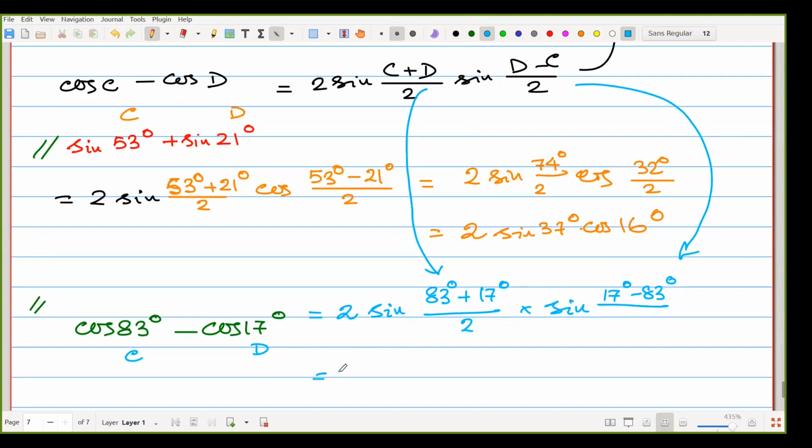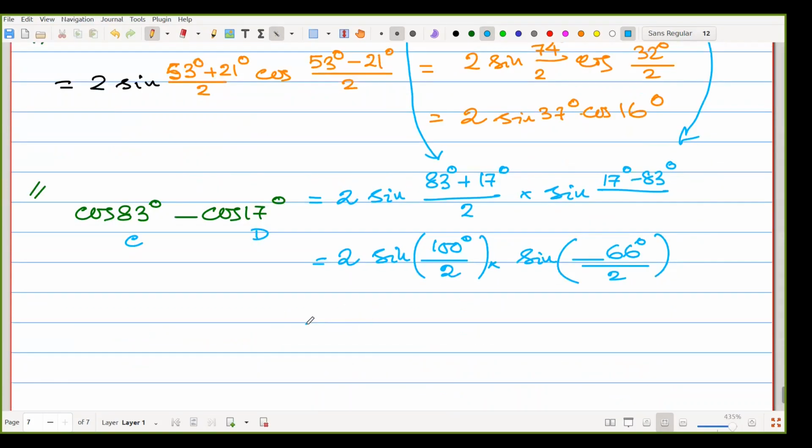Okay, so that is becoming 2 of sine 83 plus 17, that means 100 degree divided by 2 into sine of 17 minus 83, that means minus 66 degree divided by 2. So the result is now 2 of sine 50 degree into sine of minus 33 degree.